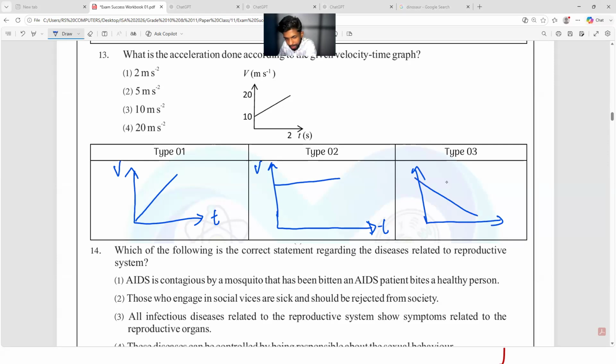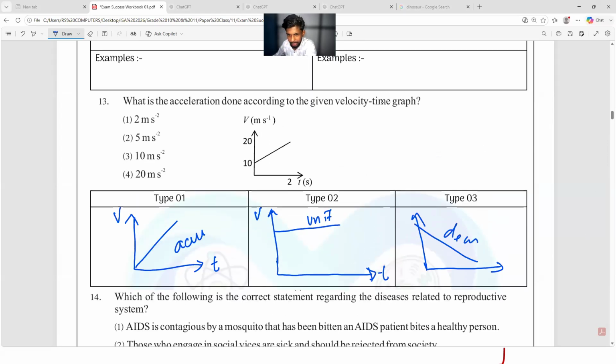Okay. So you can mark down, this is acceleration, this is uniform velocity, and this is deceleration. And here in this space, you can write how to find the gradient. This is the first thing that you want to know. Second thing that we have learned from this question is how to find the gradient.